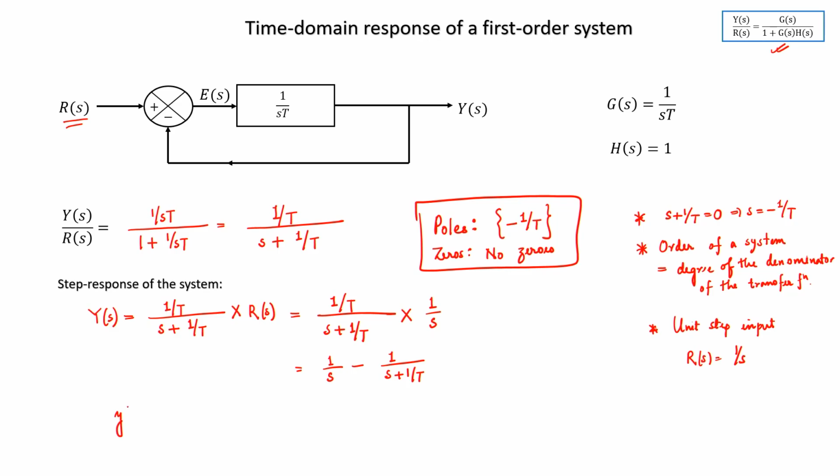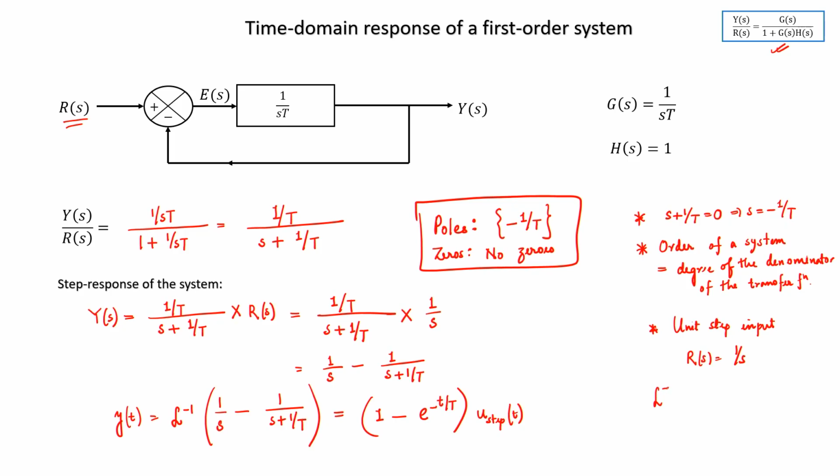So, what will be y(t)? y(t) will be the Laplace inverse of 1 by S minus 1 by S plus 1 by T. We know how to find out these. We have seen this earlier also, how to find out the step response of a system. So, 1 by S Laplace inverse is 1, and the Laplace inverse of 1 by S plus 1 by T is e to the power of minus t by T, whole into u(t).